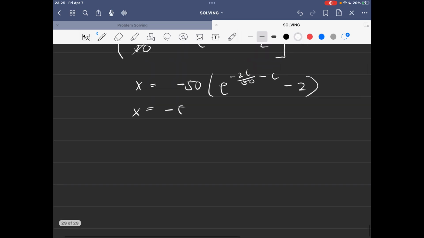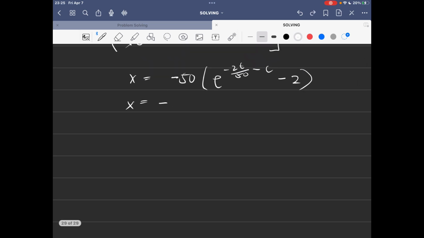Then to simplify, we get x is equal to 100, since negative 50 times negative 2 is 100. Then negative 50 times e raised to negative 2 over 50, which is 0.04 t minus c.